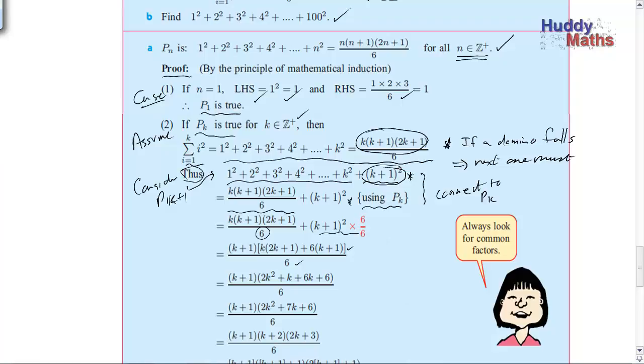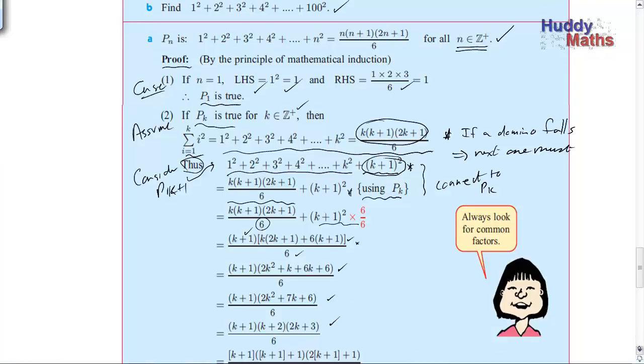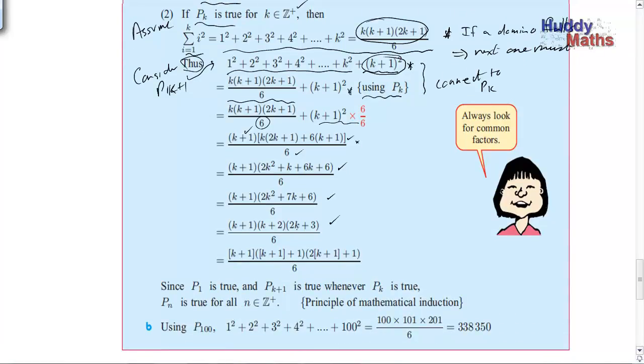Okay, so let's factorise it, take out k plus 1, and then we've got this thing here with k plus 1 in it, and expanding that, and then factorising that, and you're trying to get the form here, aren't you? k plus 1 by k plus 1 plus 1 lot of 2k plus 1 plus 1. Okay, can you see that pattern?